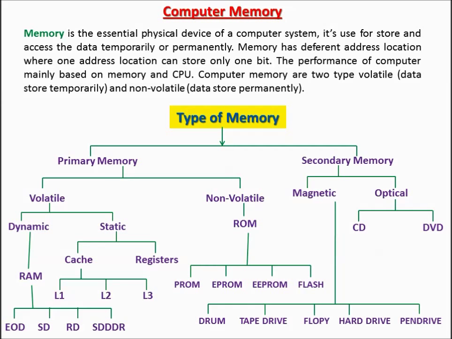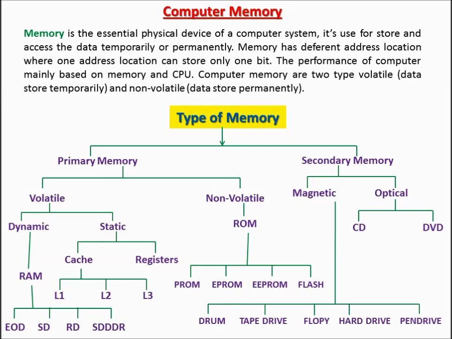RAM is a dynamic memory. The different types of RAM are EDO-RAM, SD-RAM, RD-RAM and DDR-RAM. Cache and registers are static memory. Cache memory has different types: L1, L2, and L3. ROM is non-volatile memory, and ROM has different types like PROM, EPROM, EEPROM and flash ROM.